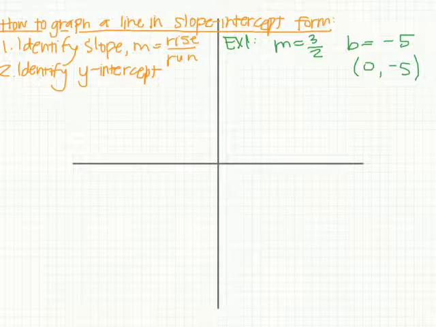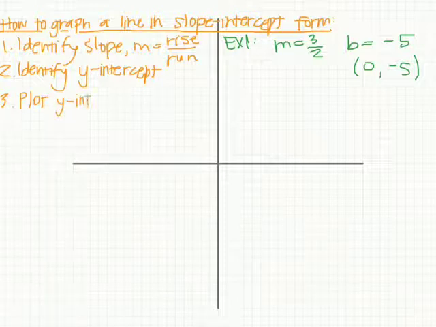My next step is to plot the y-intercept, which I'm going to abbreviate with int. So I'm going to go over here to my coordinate plane, and we're going to need to count up 1, 2, 3, up to where y equals 3.